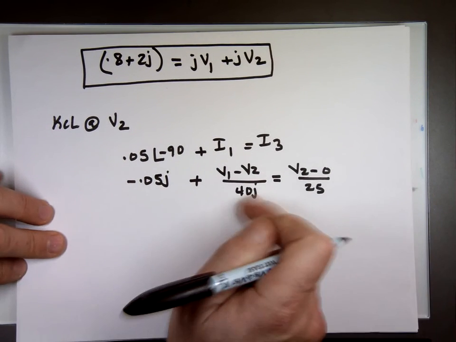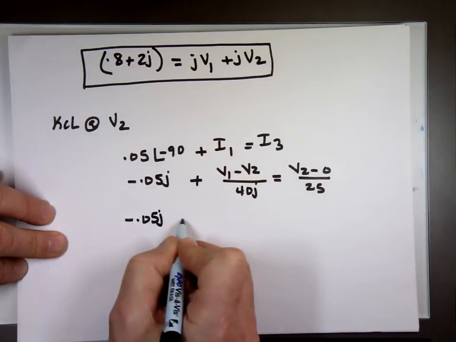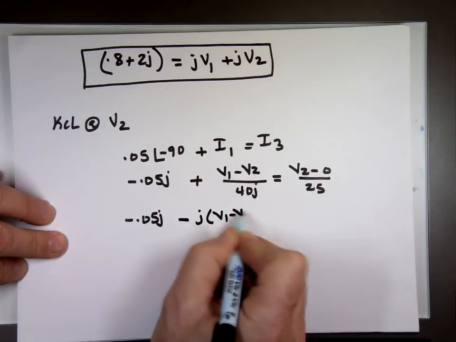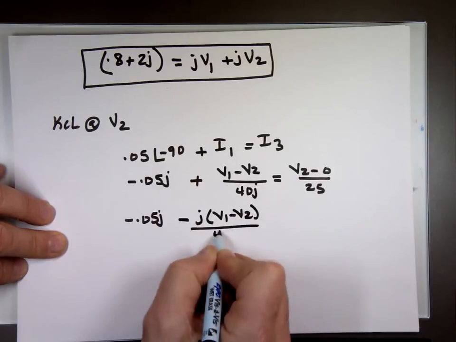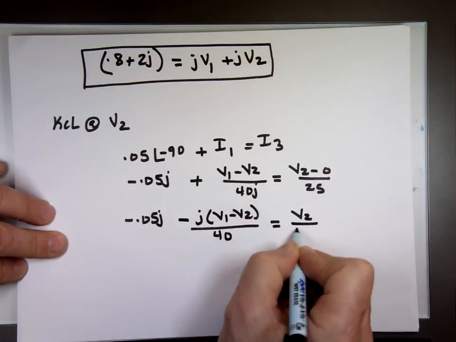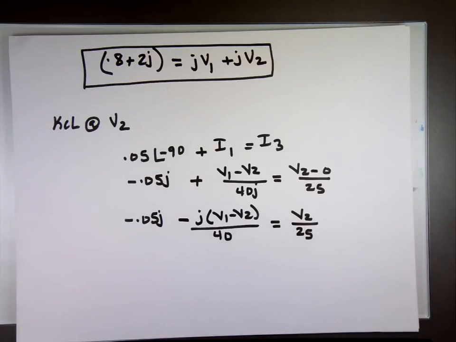I can take the j to the top, make it a negative j, minus j times V1 minus V2 over 40 equals V2 over 25. 40 and 25, what's the LCD? 200, I think.